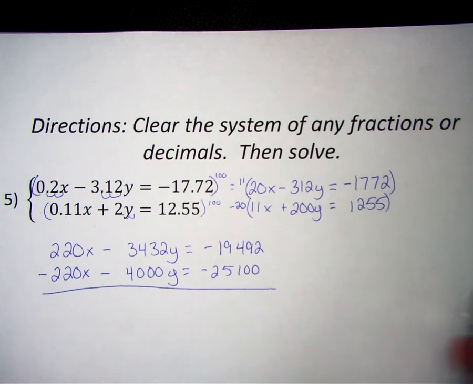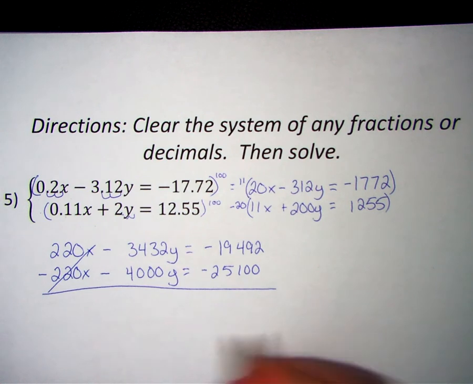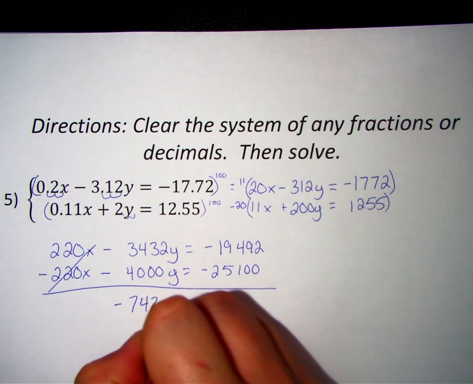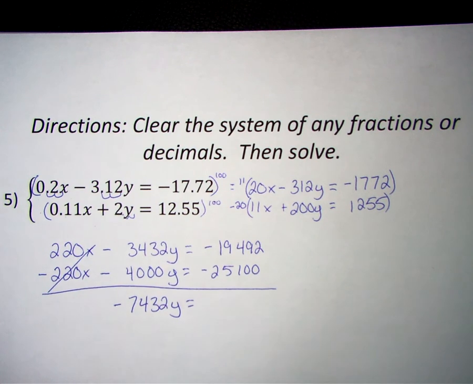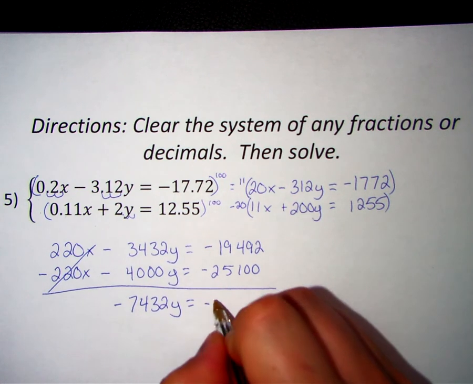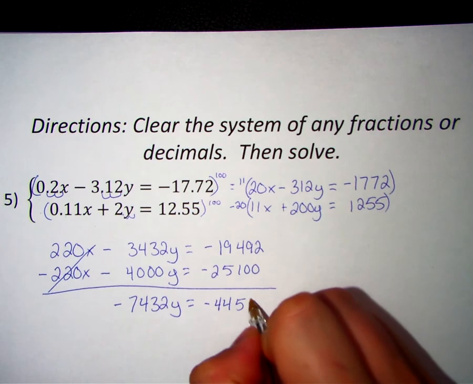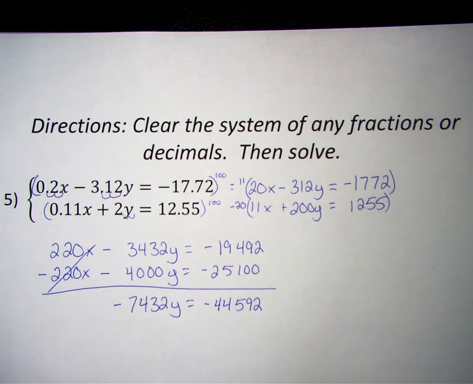Now we can finally do our elimination, where our two leading coefficients will cancel out. We have negative 3432 plus negative 4,000 gives me a negative 7,432y, which equals negative 19,492 and negative 25,100 gives me a negative 44,592, to which we are going to divide by negative 7,432.